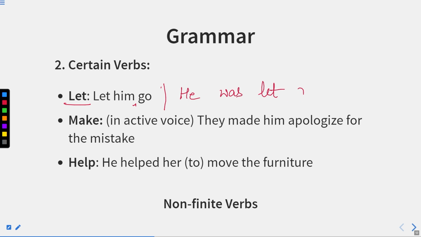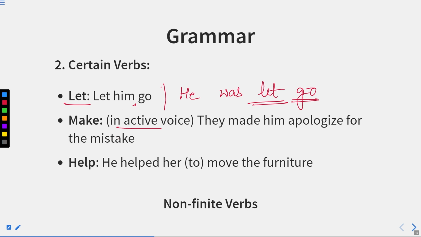So if the word is let, whether it is in active voice or passive voice, the verb will be bare infinitive only. But in case of make, it changes.